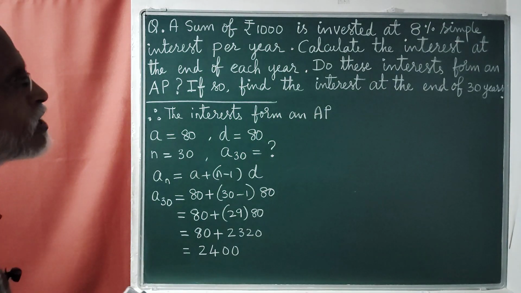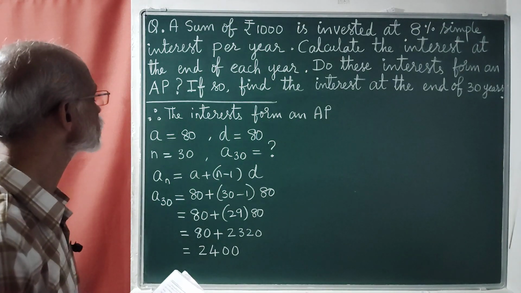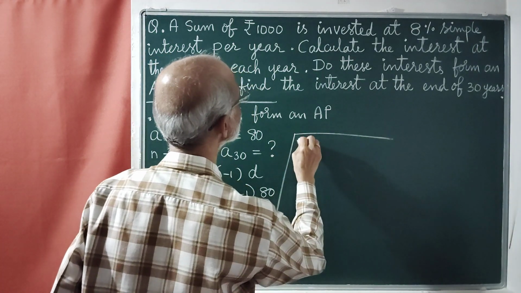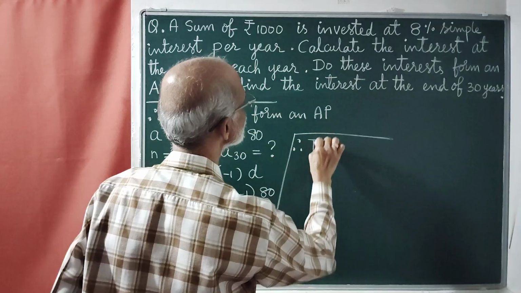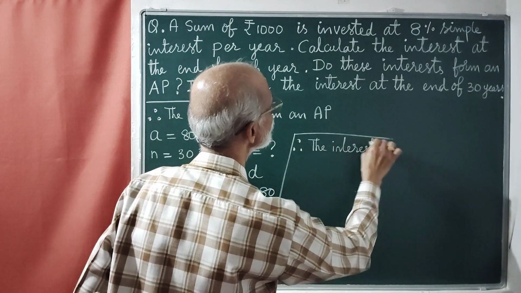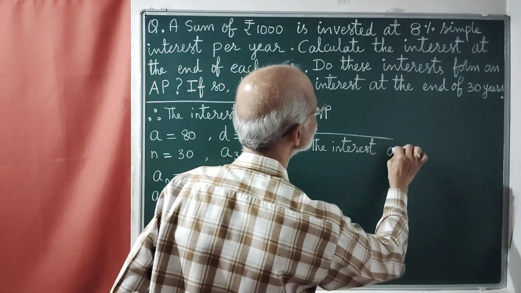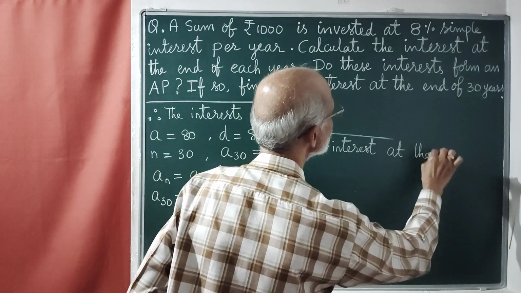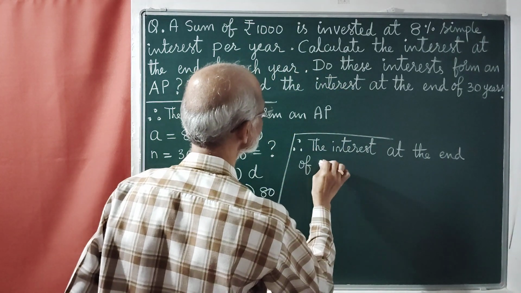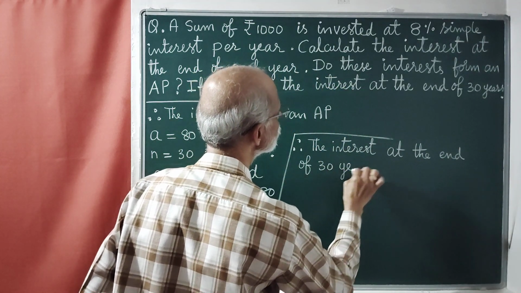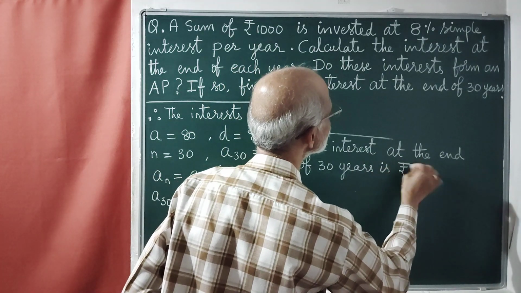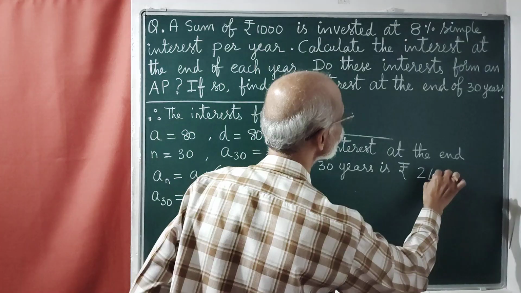So the interest at the end of 30 years is 2400. Therefore, the interest at the end of 30 years is rupees 2400.